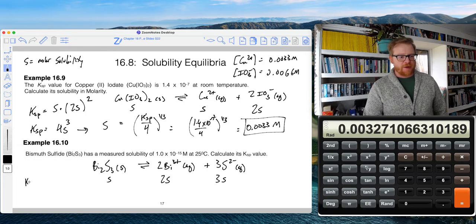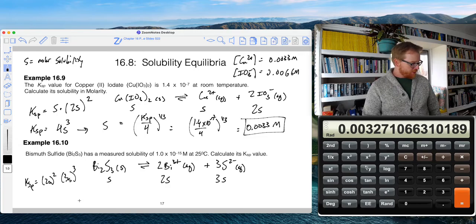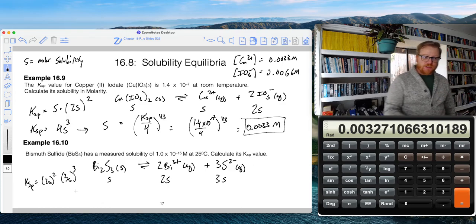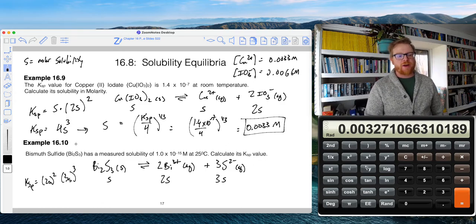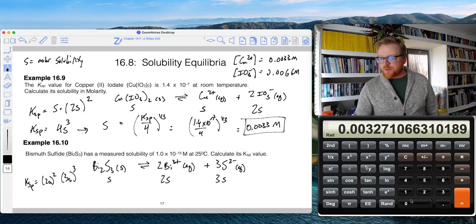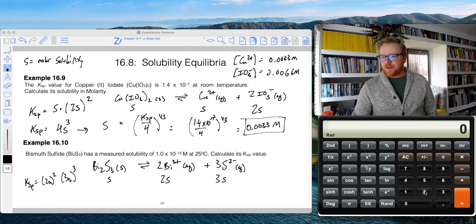So now if I'm setting this up, KSP, so that's going to be 2s all squared times 3s all cubed. And so what we have now is 2 squared times 3 cubed. So let's put that together. So 2 squared, of course, is 4 times 3 cubed.